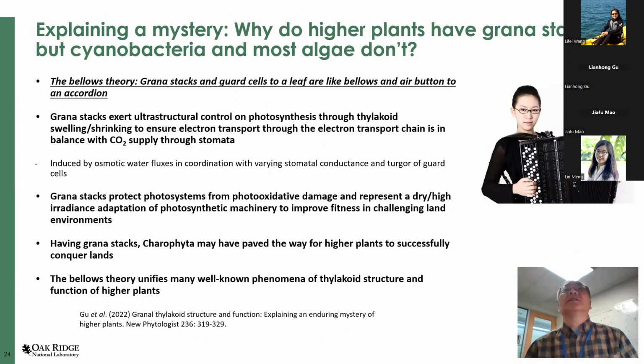The Bellows theory suggests that granum stacks and guard cells to a leaf are like bellows and air button to an accordion. Granum stacks exert ultrastructural control on photosynthesis through thylakoid swelling and shrinking to ensure electron transport through the electron transport chain is in balance with CO2 supply through stomata.